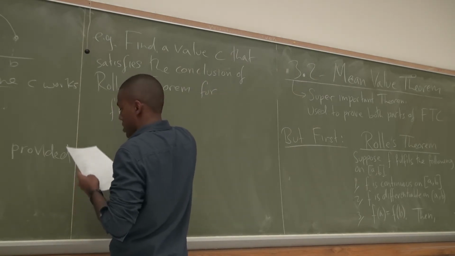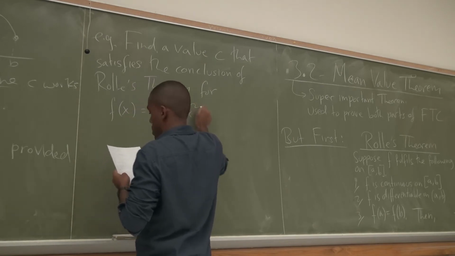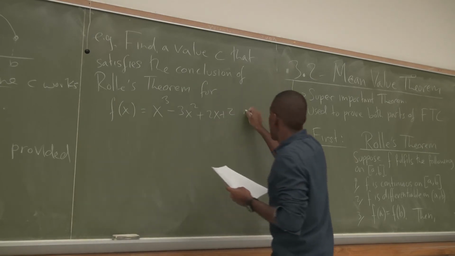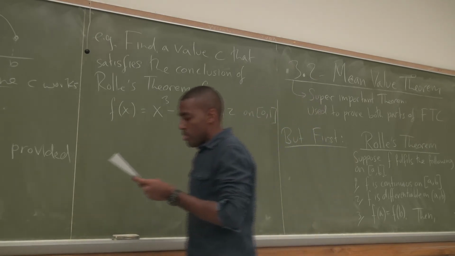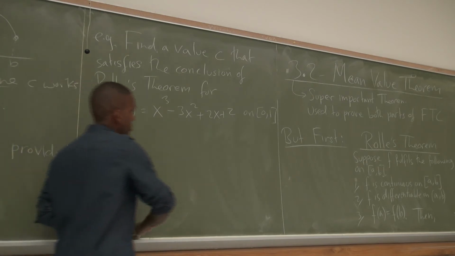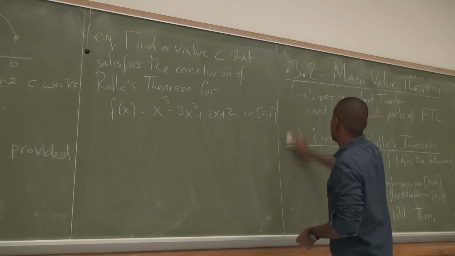F of x equals x cubed minus 3x squared plus 2x plus 2 on [0, 1]. Find the C value that makes Rolle's theorem true for that function. And after that, we'll stop.